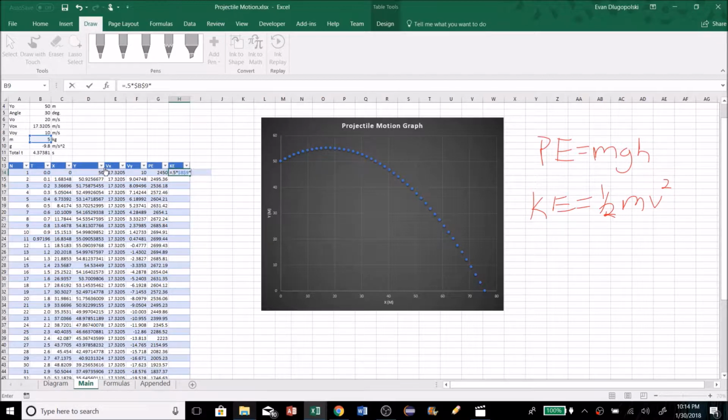So actually what we need to do is go square root of the velocity in the x squared plus the velocity in the y squared, and that will all be squared as well. So we'll go, there we go.